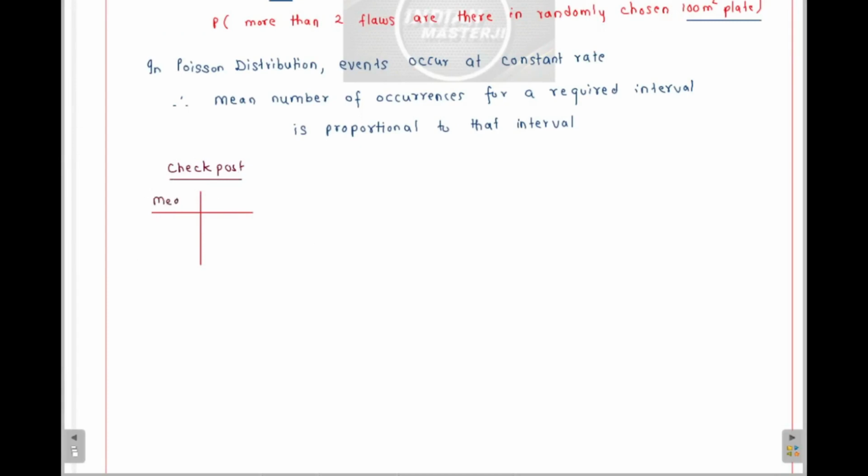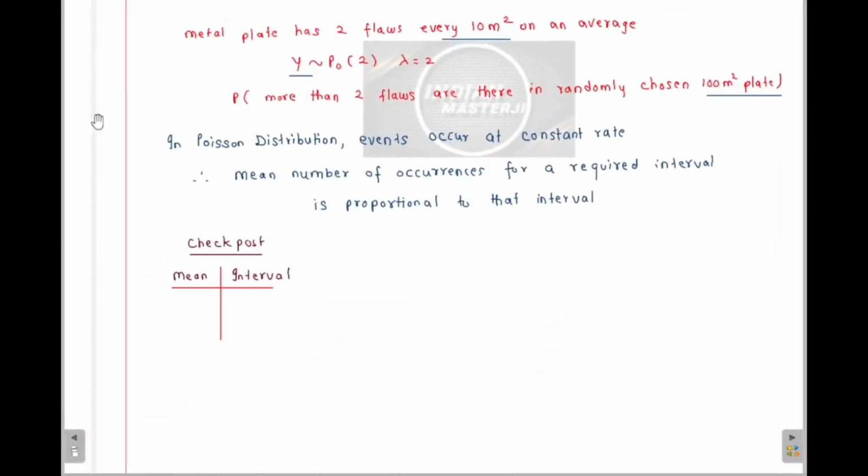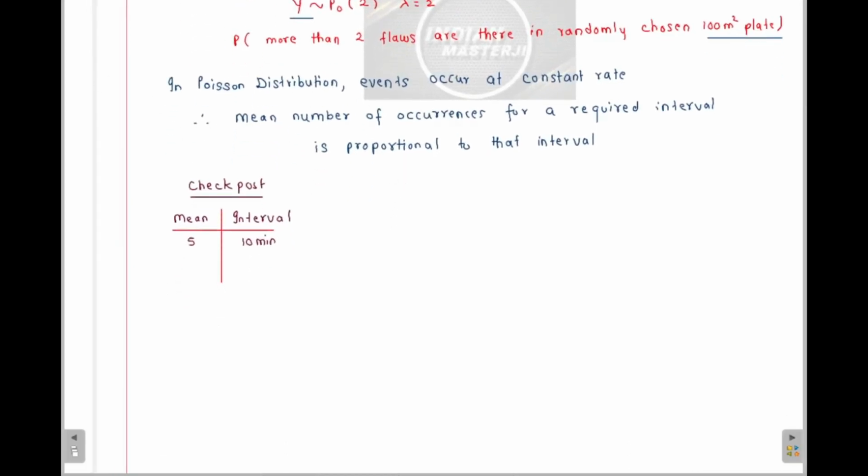The mean and the interval of time they have given initially: they said that 5 cars pass every 10 minutes. Now in the question they had asked to find the probability that less than 3 cars pass in a randomly chosen 1 hour. So they have changed the interval. They are talking about 1 hour.